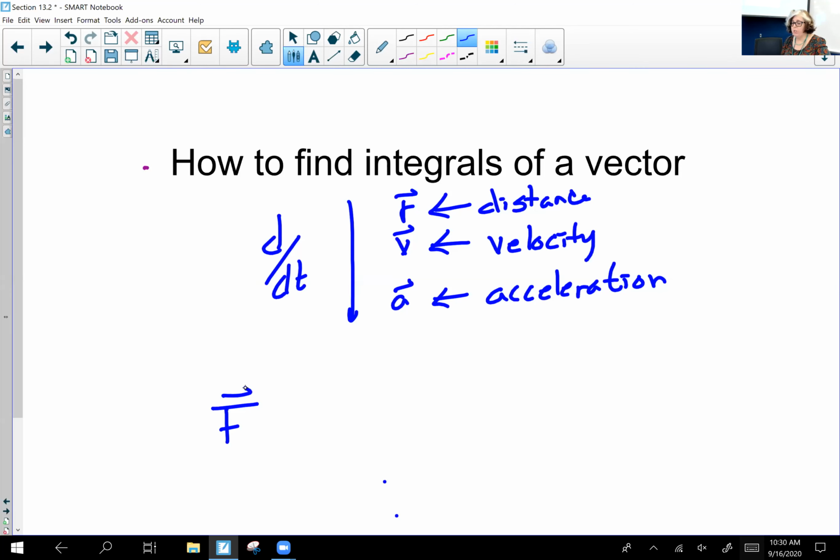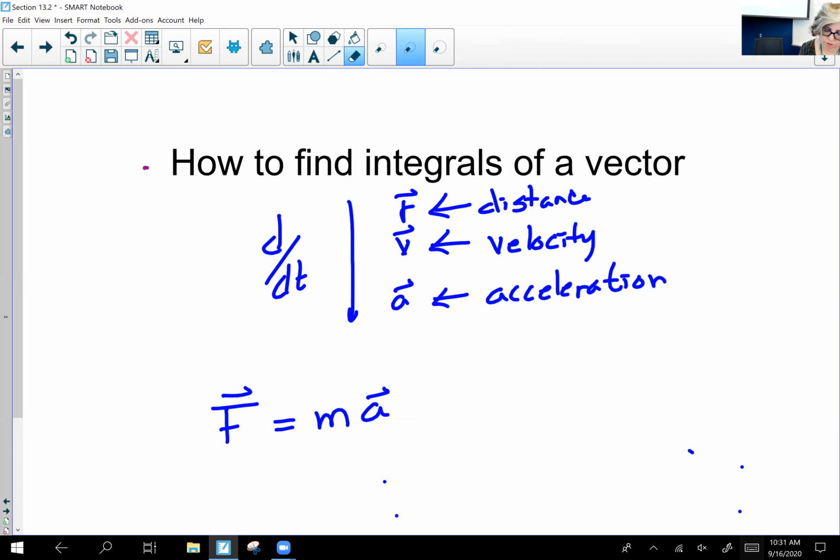Force has a direction and magnitude. Okay, so how do we define this? Well, this is mass times your acceleration vector. Okay, which direction it's going.